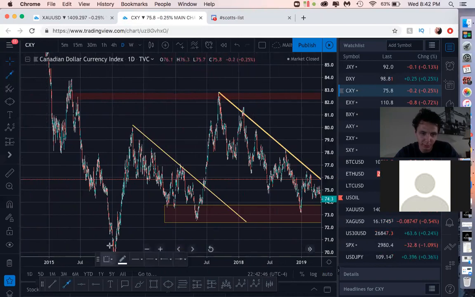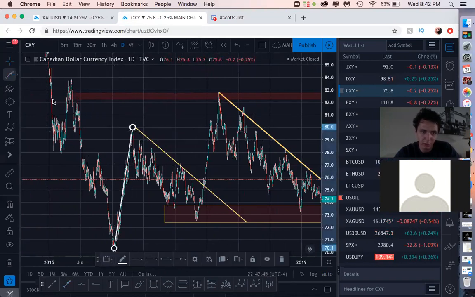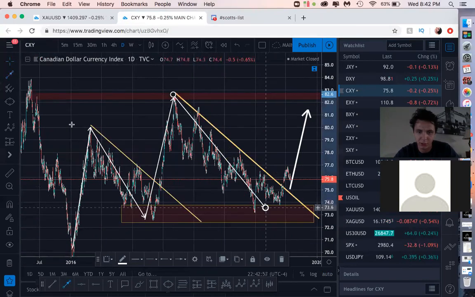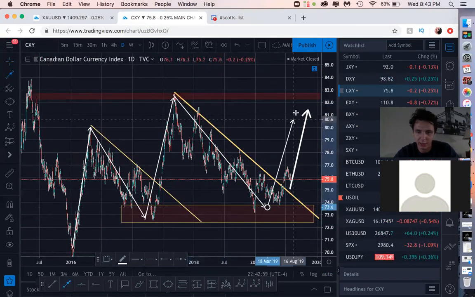So my theories were we have these identical wedges playing out, identical bear flags or bull flags playing out, where we have our impulse up, our accumulation areas, and then our breakout. Then this breakout would also align with the impulse up, our accumulation area, and we're looking at a breakout.